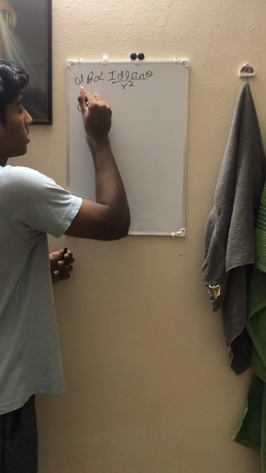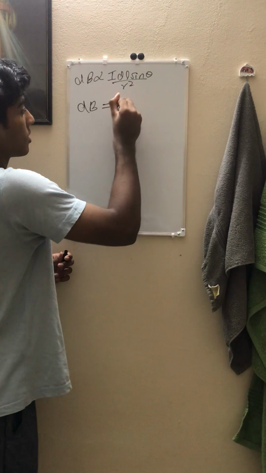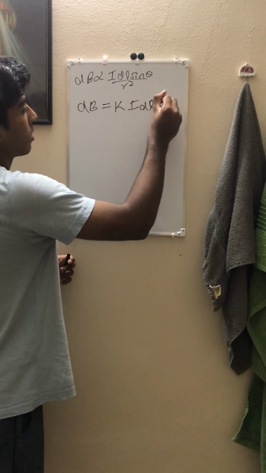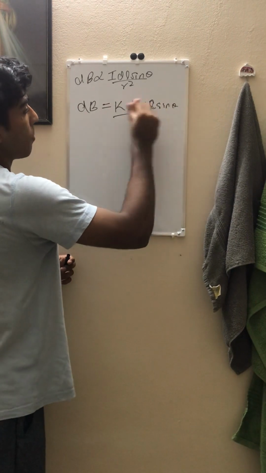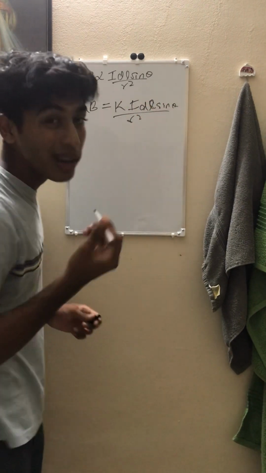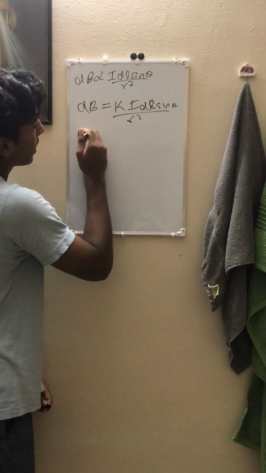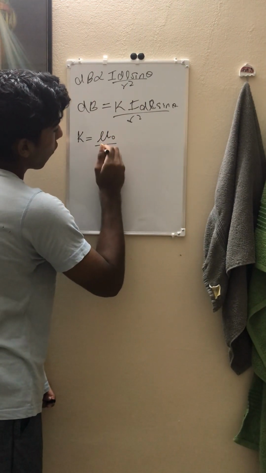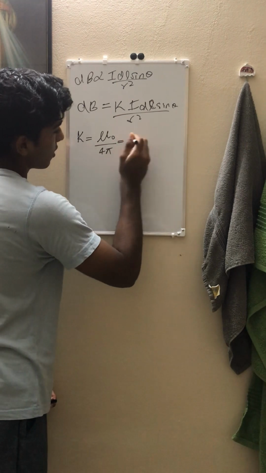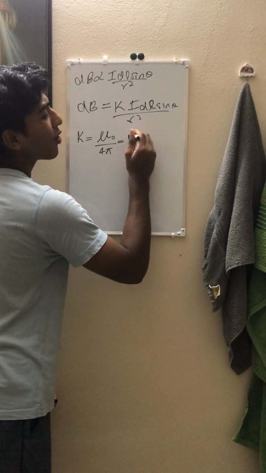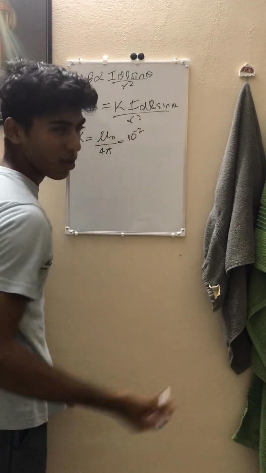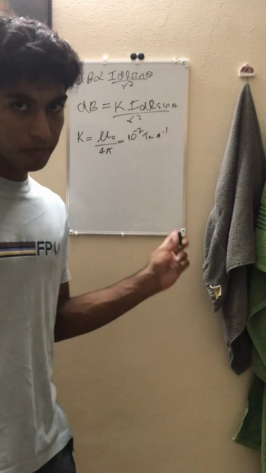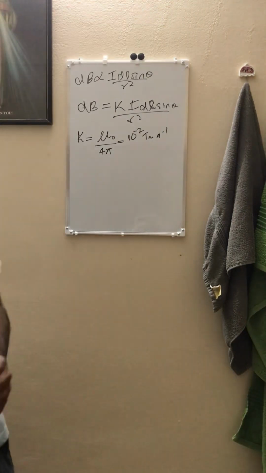So it will become dB equals k I dl sine theta by r square. What is k, you ask me? k is mu 0 by 4 pi, which has a constant value, which is 10 raised to minus 7. Don't forget that value, okay? It's 10 raised to minus 7.